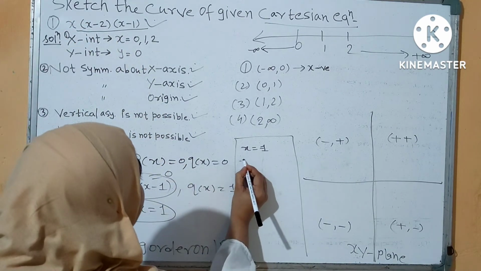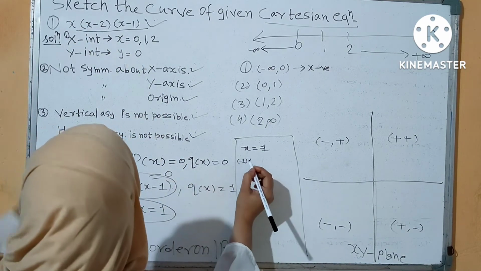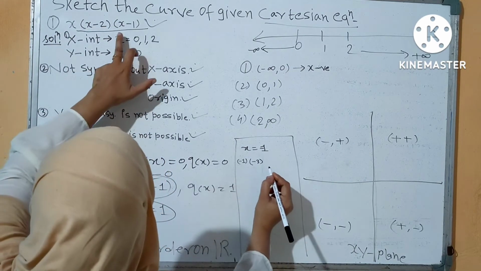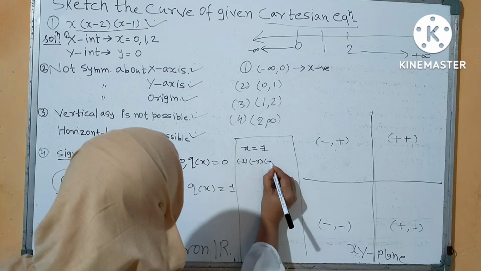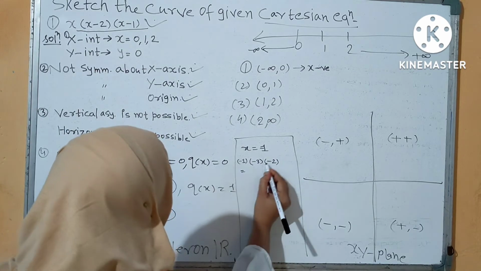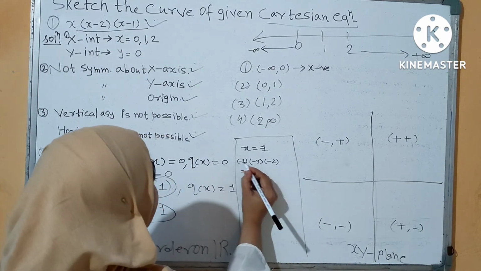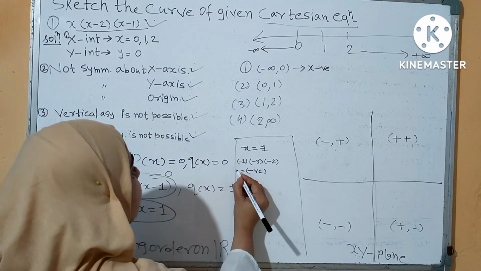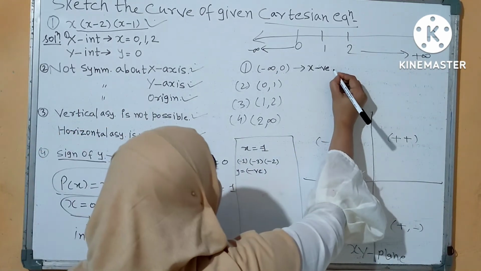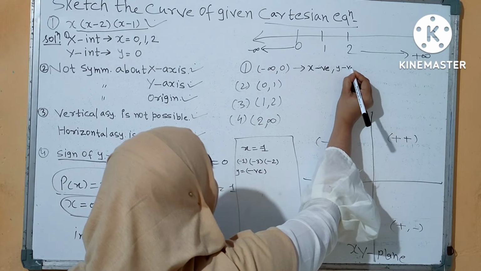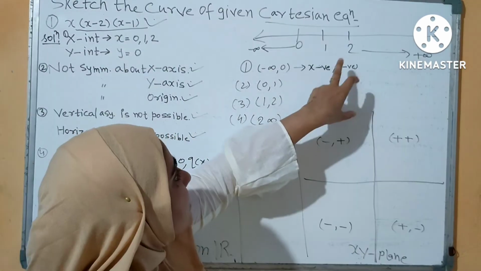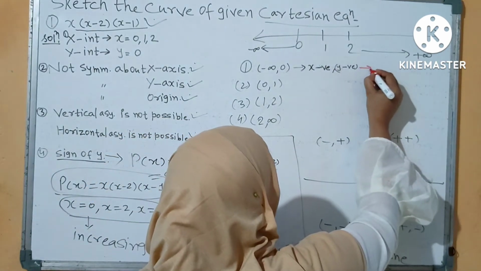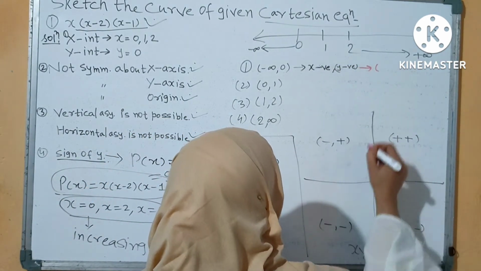We are left with (−1)(−1 − 2)(−1 − 1), that is −1 times −3 times −2. This is minus, minus, plus and minus, so your y will be negative. The sign of y will be negative, so this goes to the third quadrant.